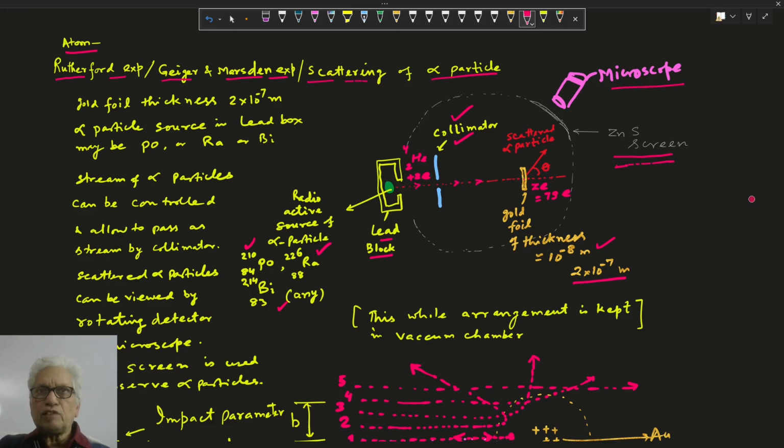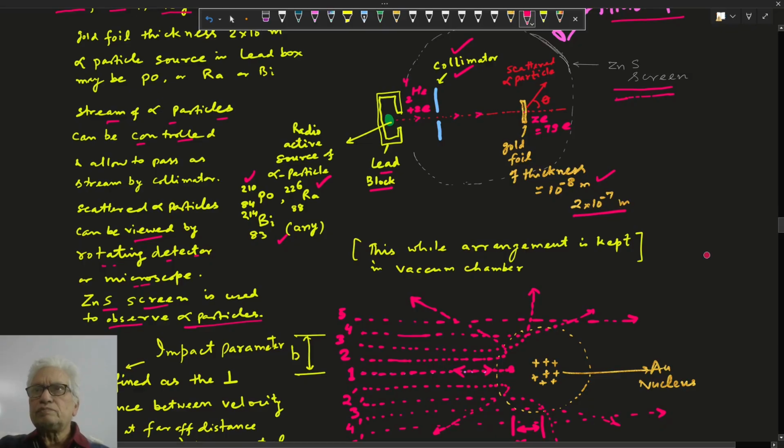The stream of alpha particles is controlled by the collimator in one direction. The scattered particles can be viewed by the rotatory detector or microscope. The zinc sulfide screen is used to observe the alpha particles. This whole arrangement is kept in a vacuum chamber.